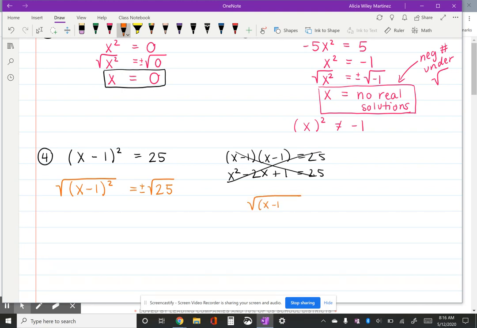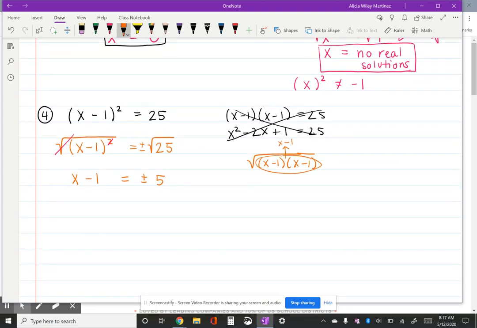If you have the square root of x minus 1 times x minus 1, there's a pair right there, so it comes out as an x minus 1. Remember what a square root does is it literally undoes or cancels out the squared. So the square root cancels it out, leaving you with just x minus 1. On the other side, I get plus or minus the square root of 25, which is 5.